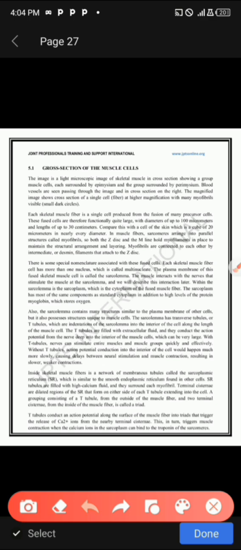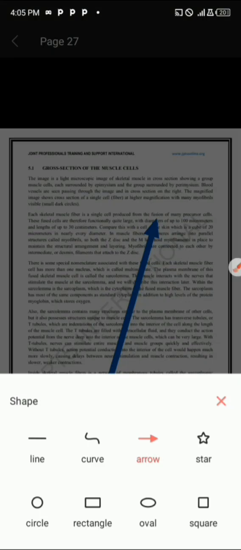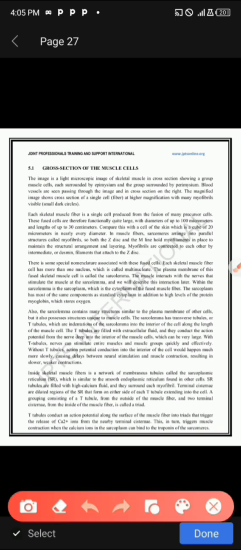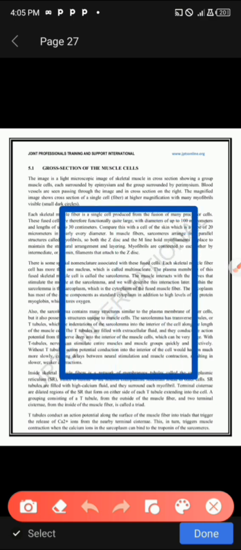Each skeletal fiber is a single cell produced from the fusion of many precursor cells. Therefore, these cells are functionally quite large, with a diameter of up to 100 micrometers and a length of up to 30 centimeters.